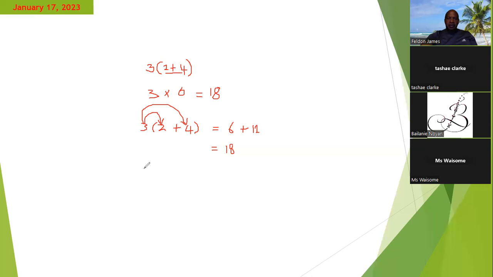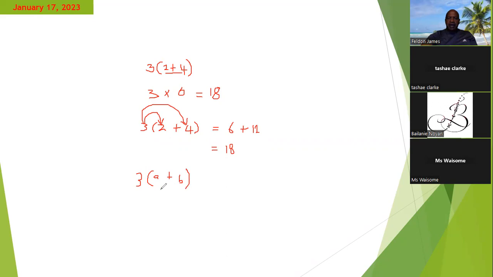But in algebra, where we are using unknowns, we might have something like 3 bracket A plus B. Now, in this case, we really don't know what value A is or what value B is.